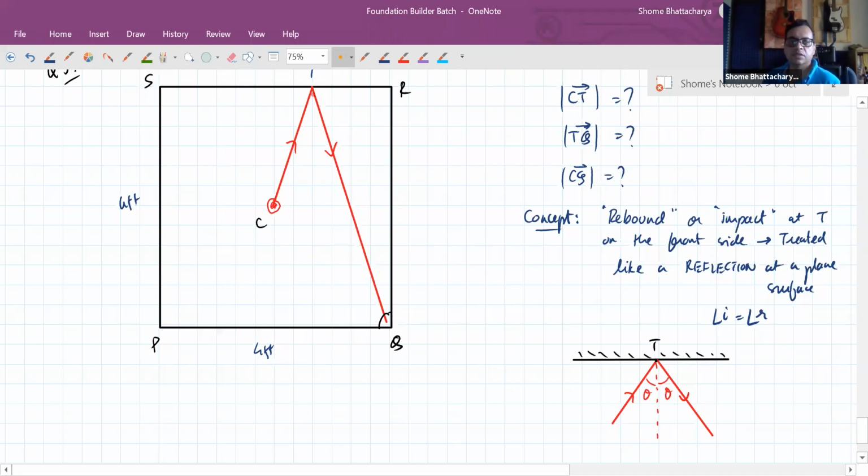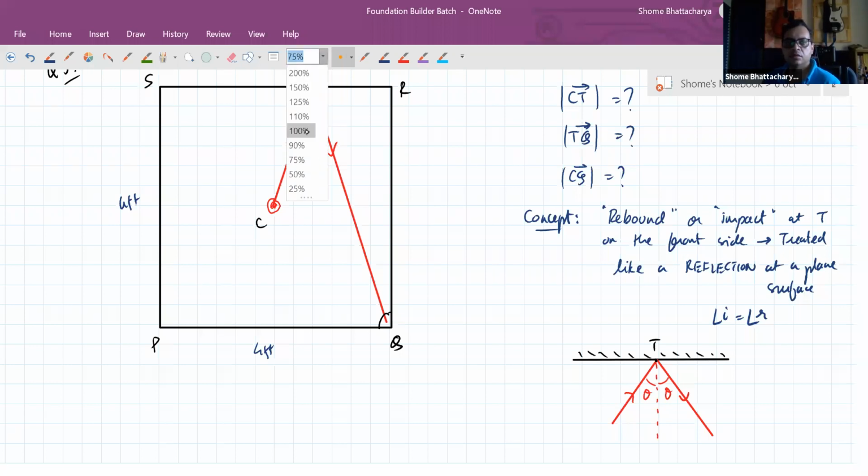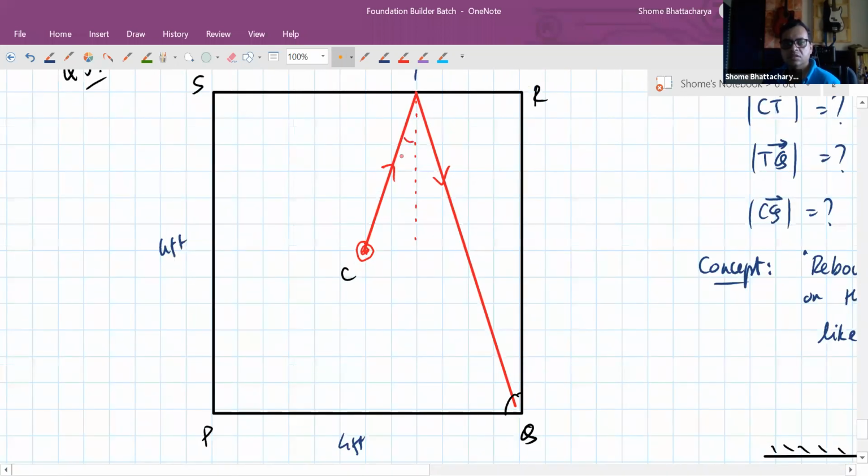Okay, so same way in this diagram now, we will be treating this like a reflection wherein this angle becomes equal to this angle theta.